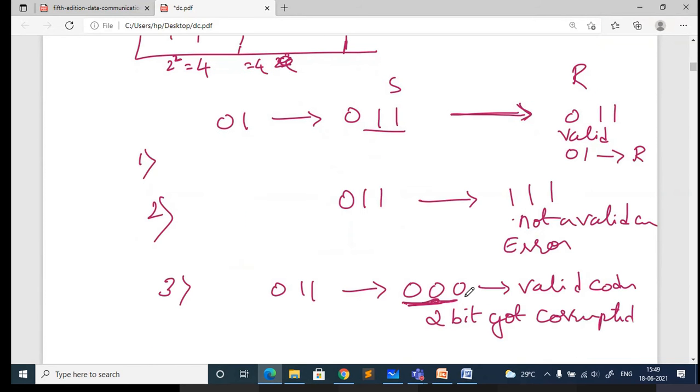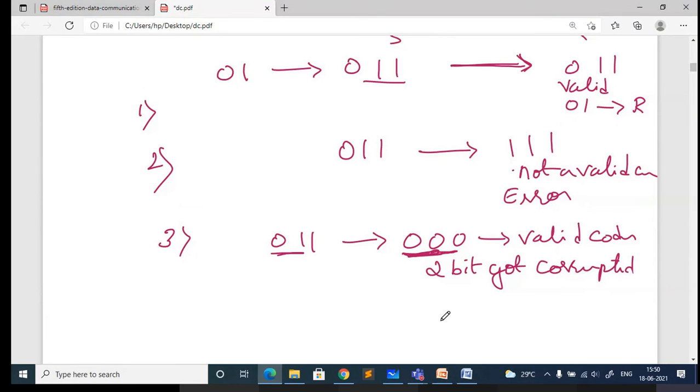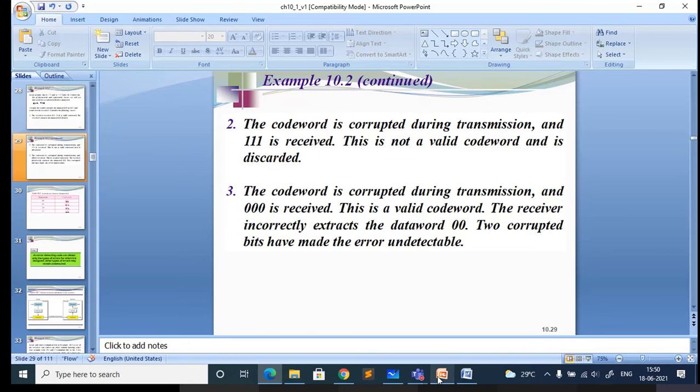But the exact data to be delivered is 01, and it is delivering 00. That is not the correct data. So sometimes the method has a limitation: it may detect only 1 bit. If it is more than 1 bit, this method may not be able to detect the error. These are all just fundamentals. I have not yet gone to the main method.